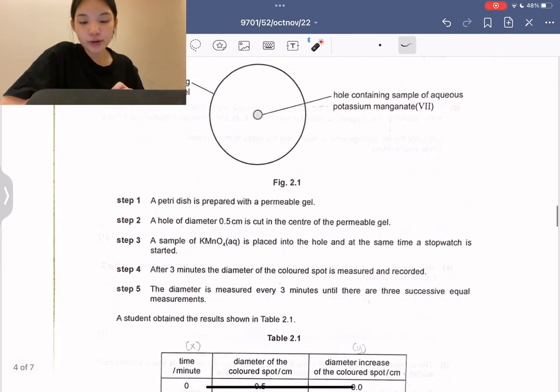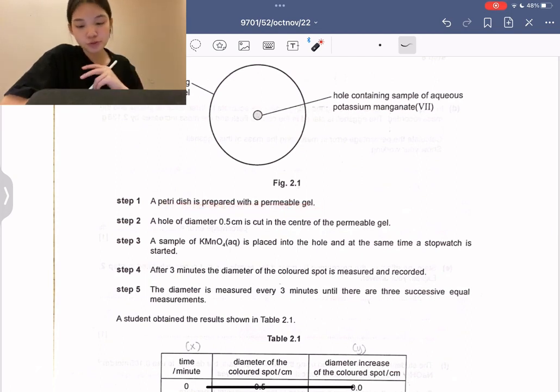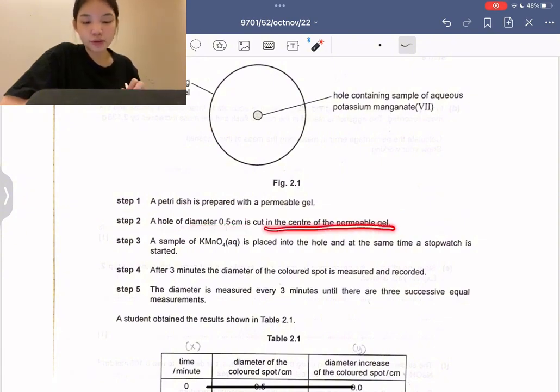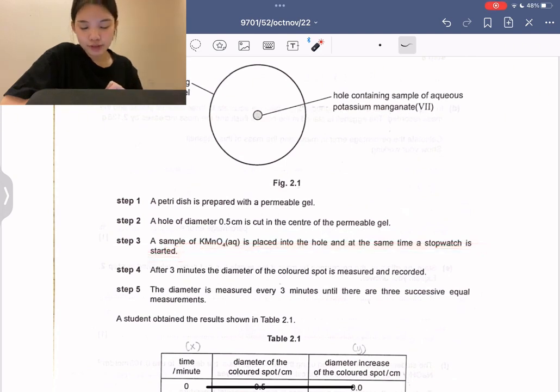Step 1, a Petri dish is prepared with permeable gel. Step 2, a hole of diameter 0.5 centimeters is cut in the center of the permeable gel. Step 3, a sample of KMnO4 is placed into the hole, and at the same time a stopwatch is started. After 3 minutes, the diameter of the colored spot is measured and recorded.